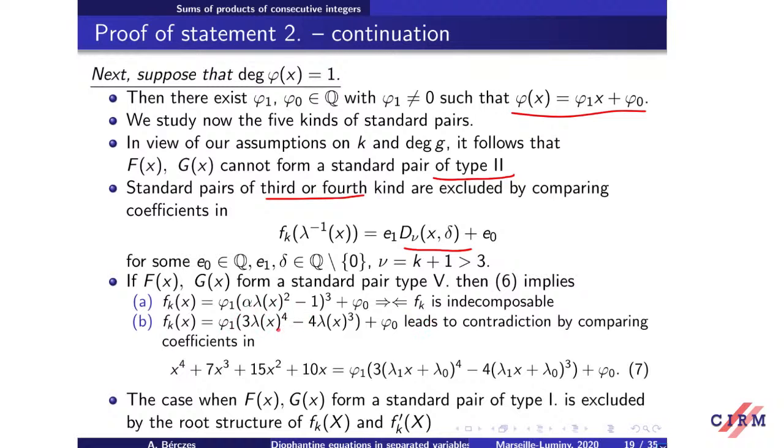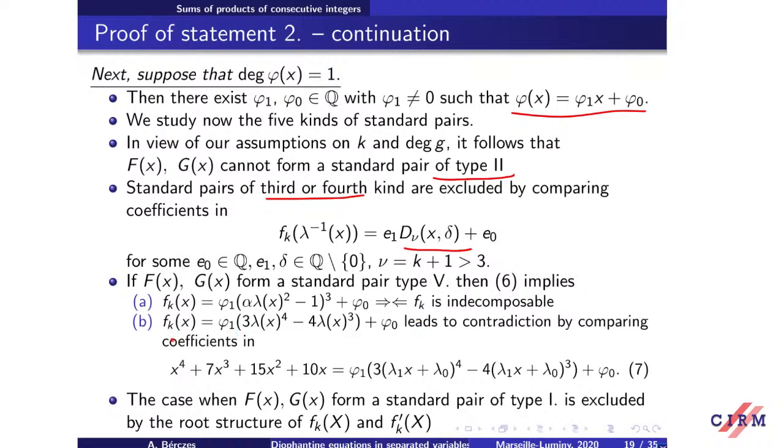If we look at this, then this shows that there is a polynomial a times lambda x squared minus 1 to the cube. But this means that this polynomial is composed with phi x cubed plus phi 1 x cubed plus phi 0. So this is a non-trivial composition of polynomials. Fk cannot be of this shape.